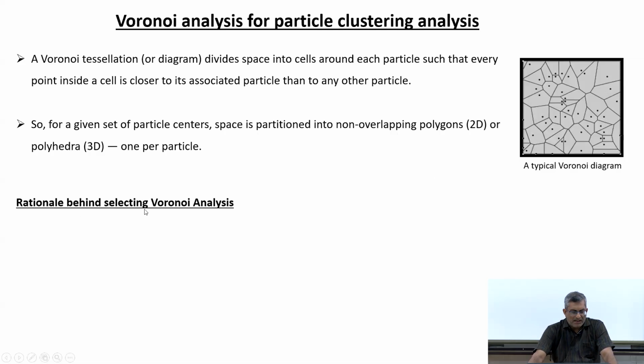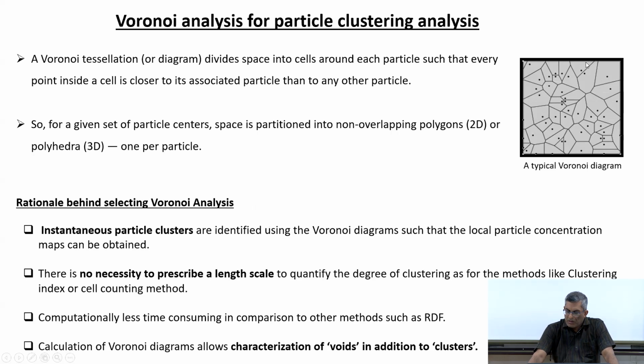Then what is the rationale behind selecting Voronoi analysis? Why should we do it? Basically, the area around each cell is an indicator of the concentration, or you can say number density. Actually, the concentration is proportional to the inverse of the area.